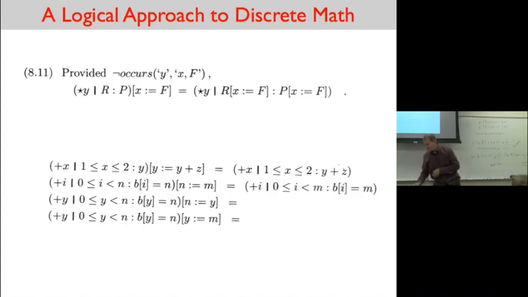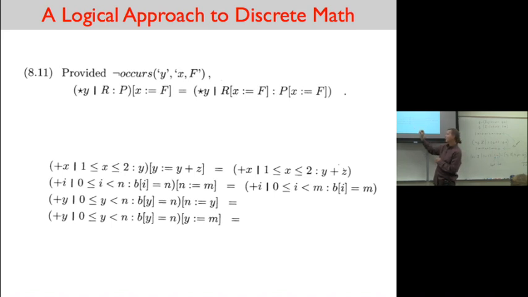Yes. Okay. So 0 less than or equal to I less than m, b sub I equals m. Okay, Mason, you get the tricky one. What do we have here? This is plus over y, 0 less than or equal to I less than n, b sub y equals n. But now what are we doing? N replaced by what? Y.